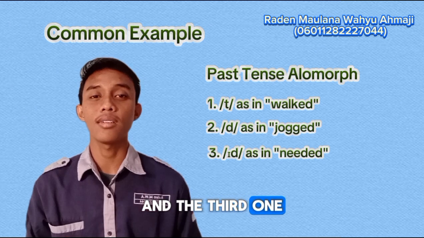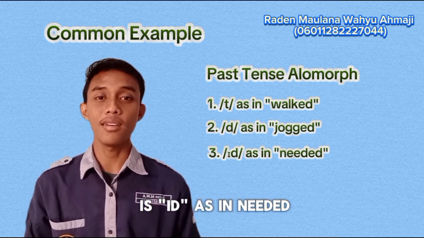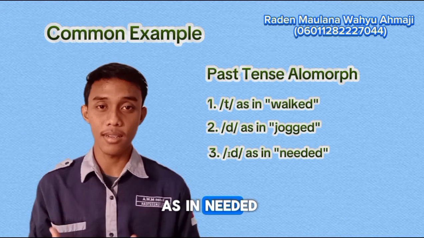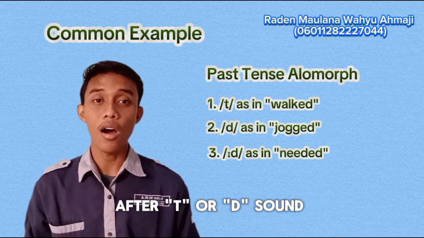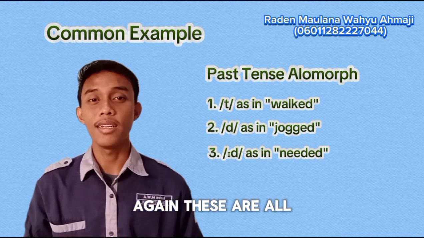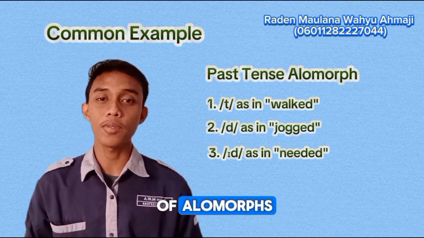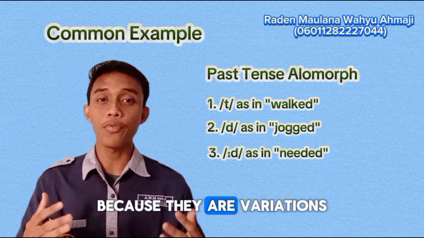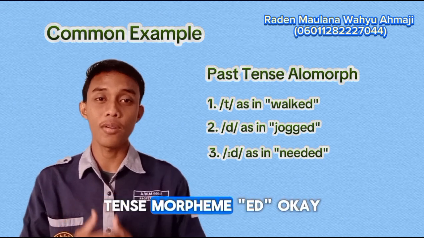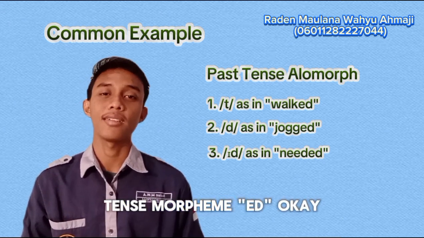And the third one is /id/, as in needed, after t or d sounds. Again, these are allomorphs because they are variations of the past tense morpheme -ed.